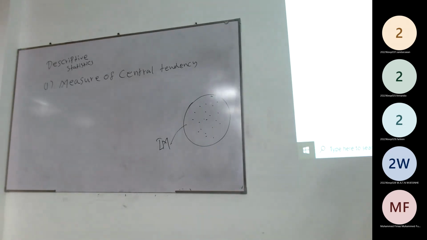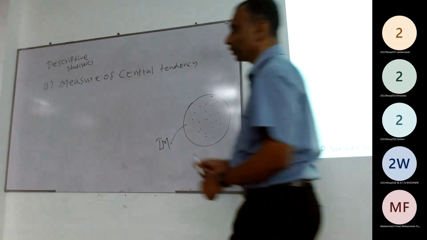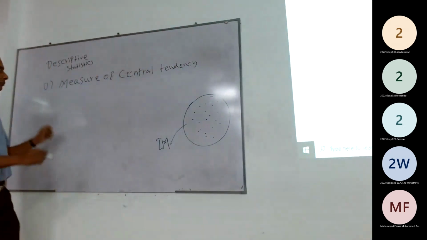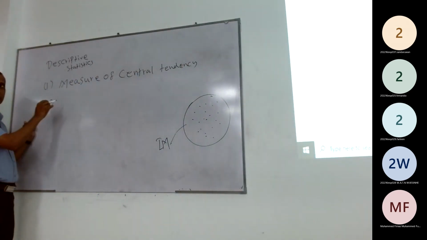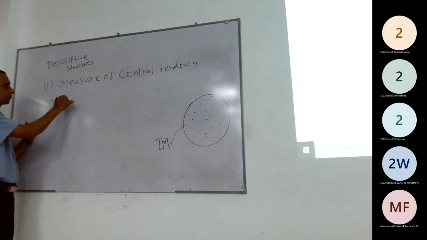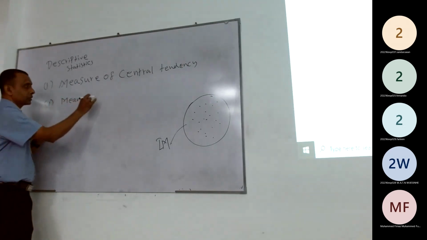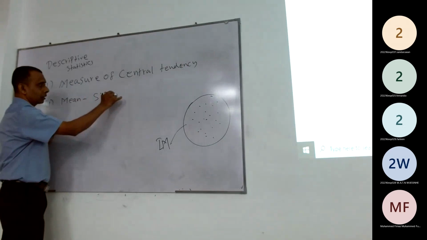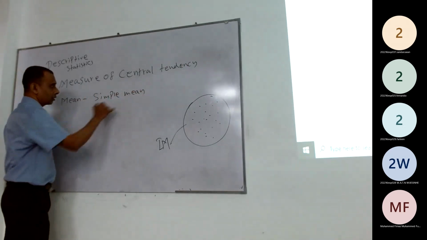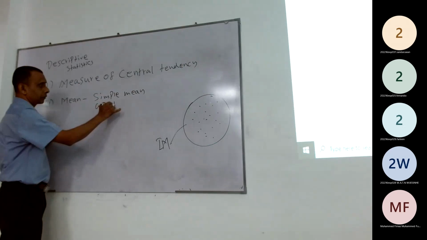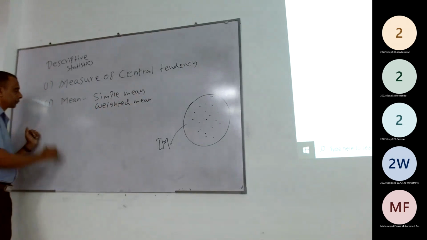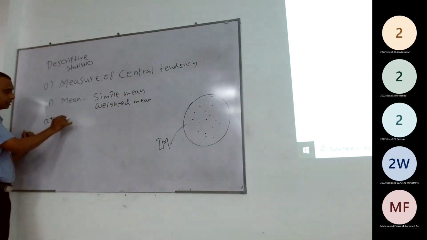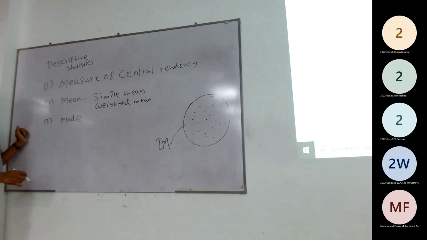These measures are given below. First one, mean: simple mean, weighted mean. Second, mode; in a histogram we mark that value.